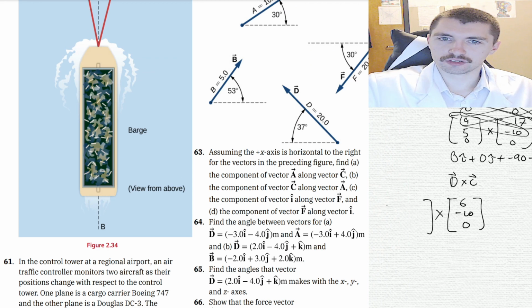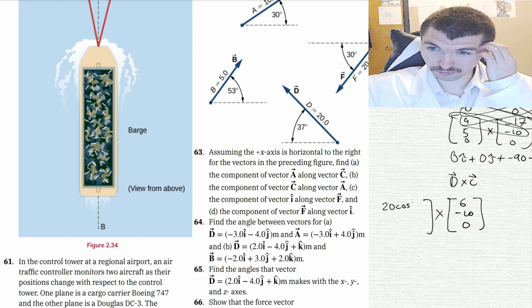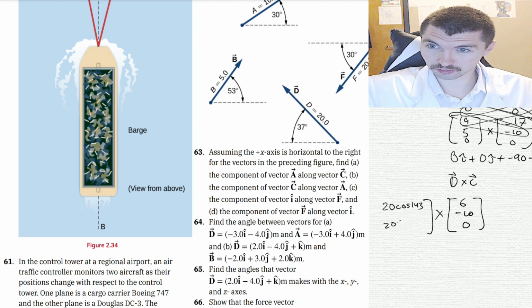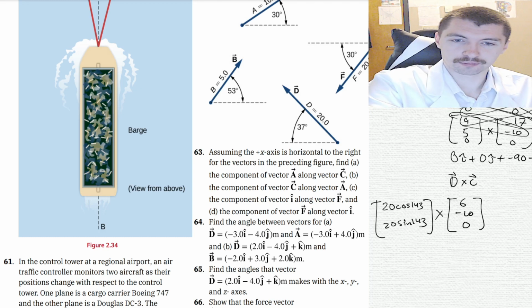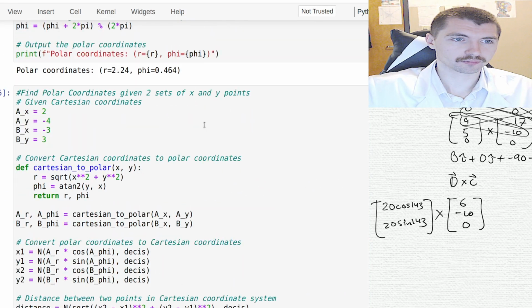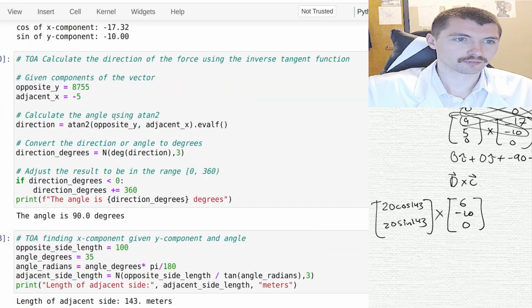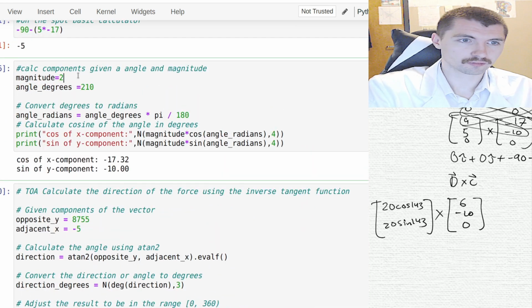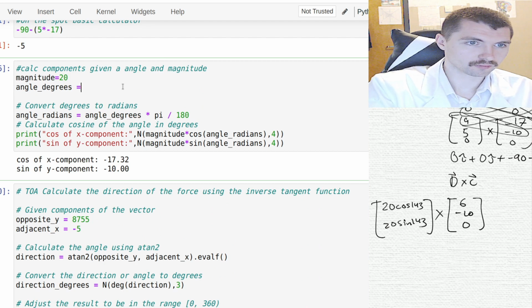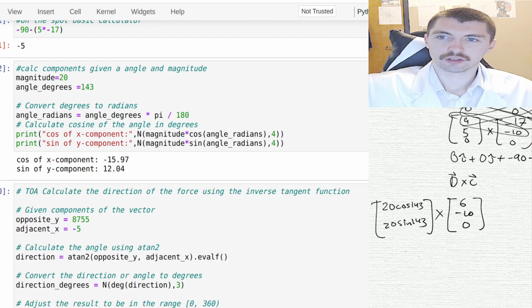D is 20 cosine 143, so negative 16, 12, 0.